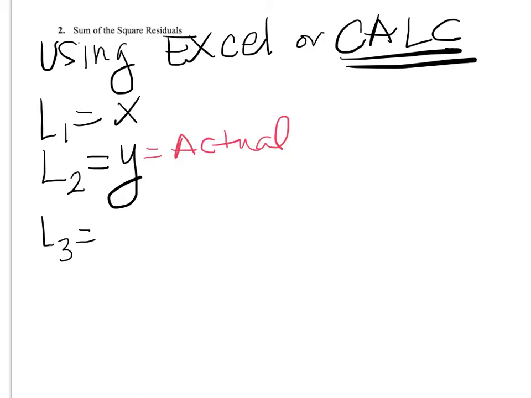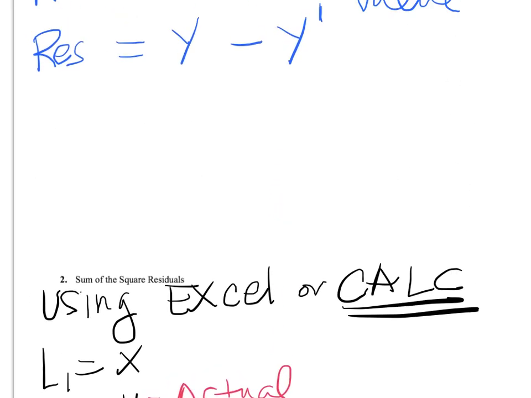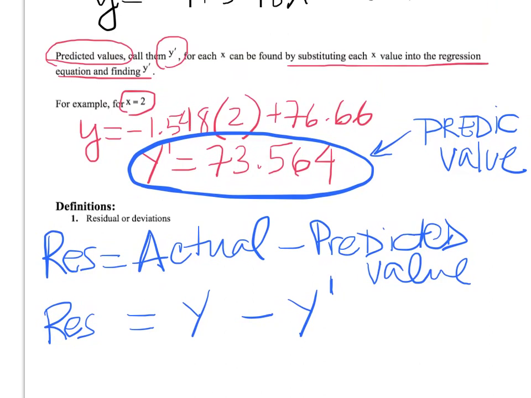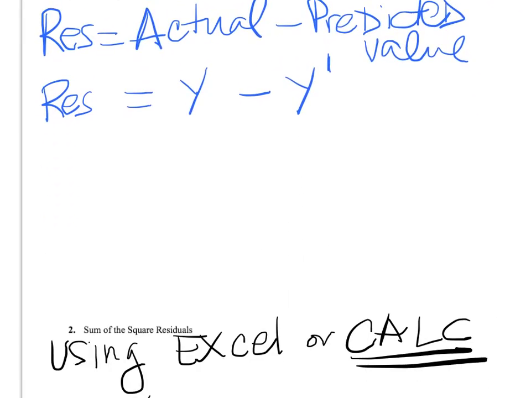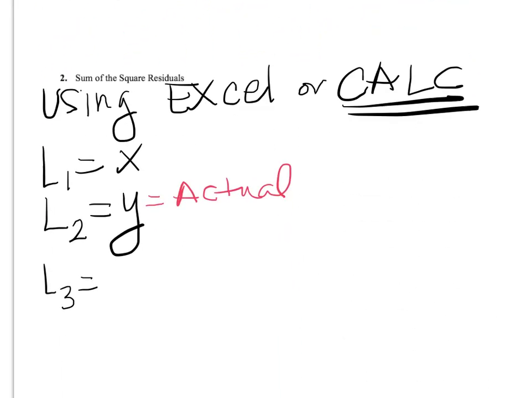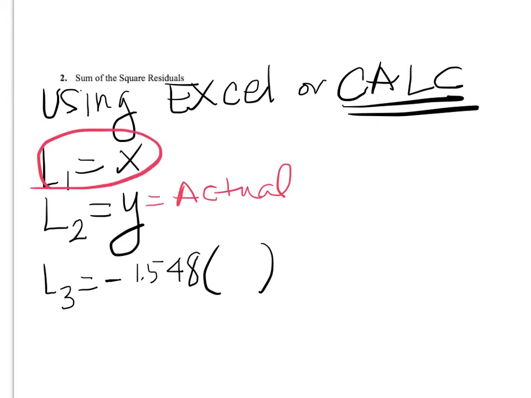So going back to the regression line, it is right here, negative 1.548. So you're going to tell the calculator to do negative 1.548 times x, but my x's are now in L1, so I'm going to tell it L1 instead in there.